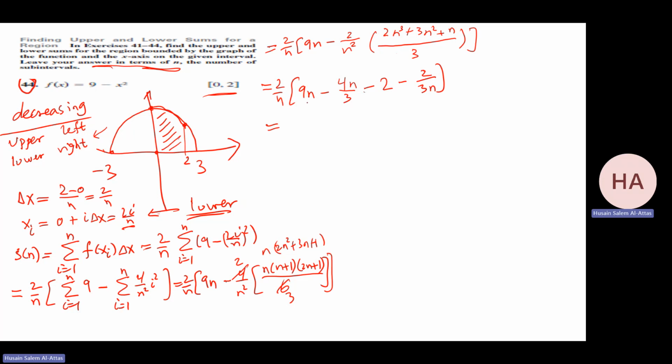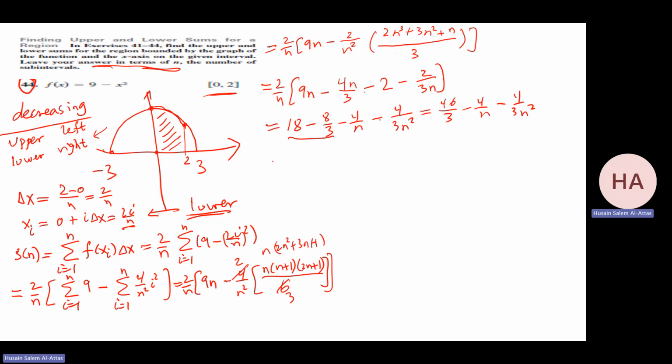So that gives me 18 minus 8 over 3, minus 8 over 3, minus 4 over n, minus 4 over 3n square. 18 is 54 minus 8, that gives me 46. So it will be 46 over 3, minus 4 over n, minus 4 over 3n square.